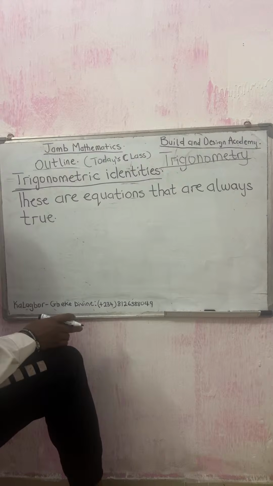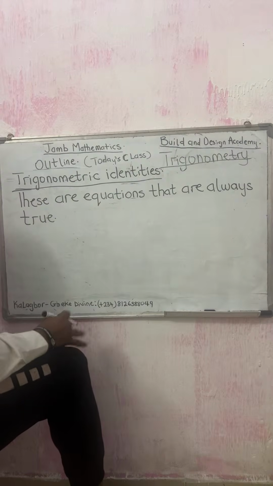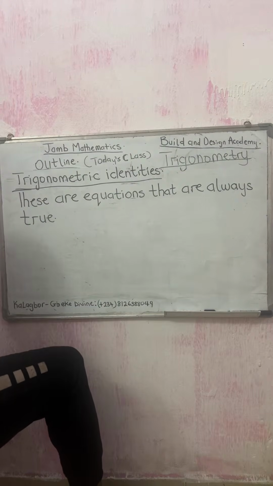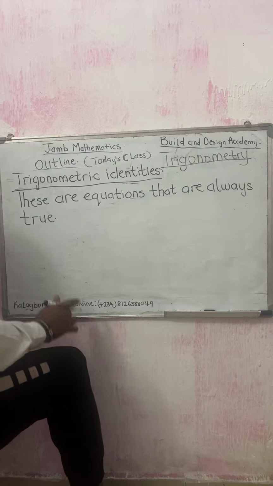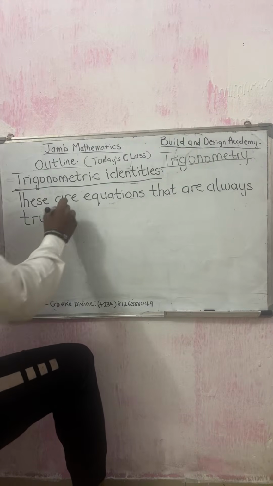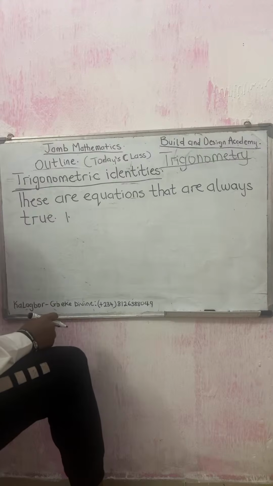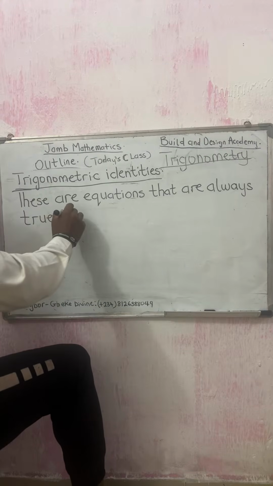So now, I'll give you 3 of them that you should know at all times. The first one is called the Pythagorean identity.